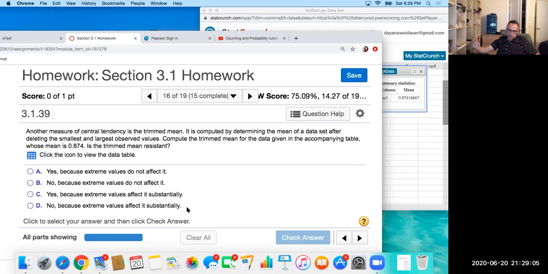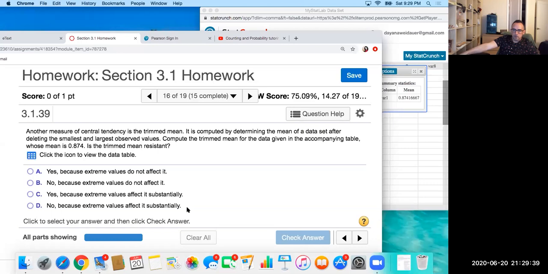It can't be C, because resistant means that extreme values don't affect it, right? So the question is, is it resistant? So it's either no, because extreme values still affect it, or yes, or let me see, what else? What could it be?